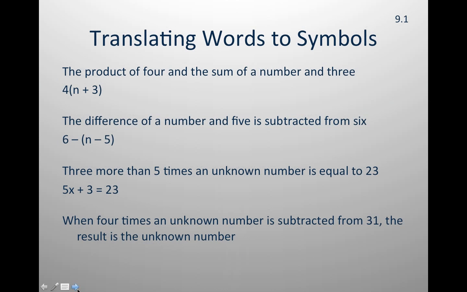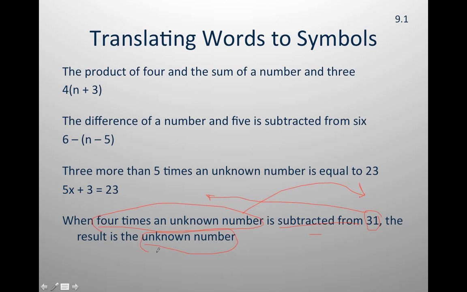When 4 times an unknown number is subtracted from 31, the result is unknown. Okay, so here we've got 4 times an unknown number, so that's one number. Subtracted from means to subtract, and then that's going to be 31. Now these two are going to switch places. That's going to come here, and then that's going to come up here. Now the reason why is because of that word subtracted from. And then the result is unknown.